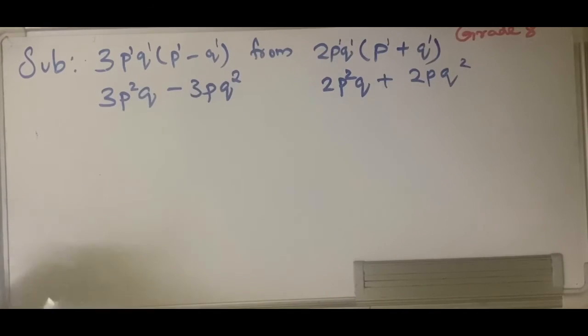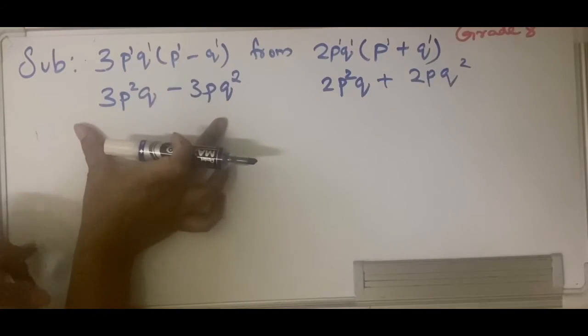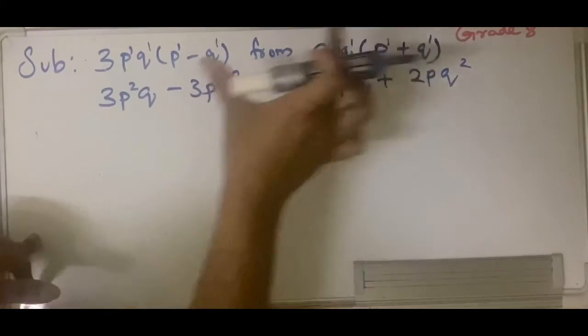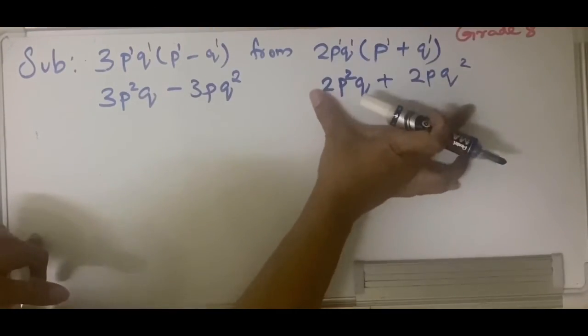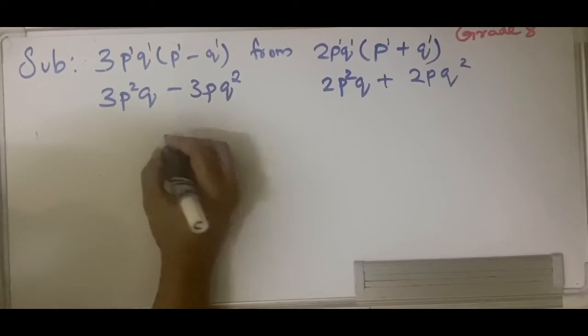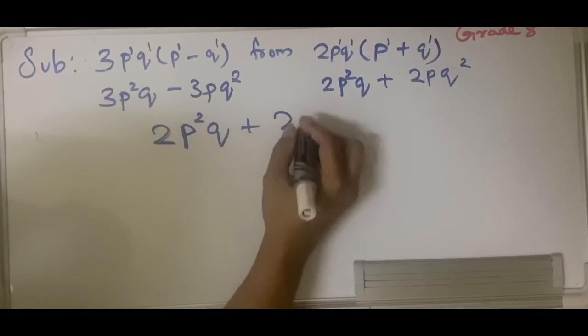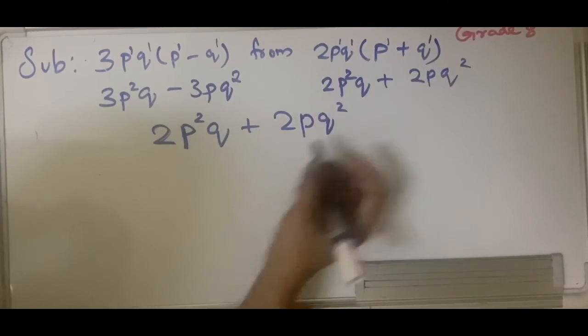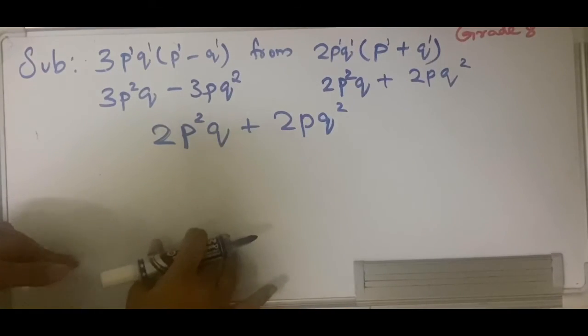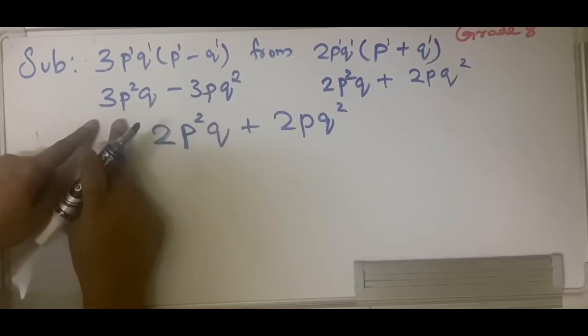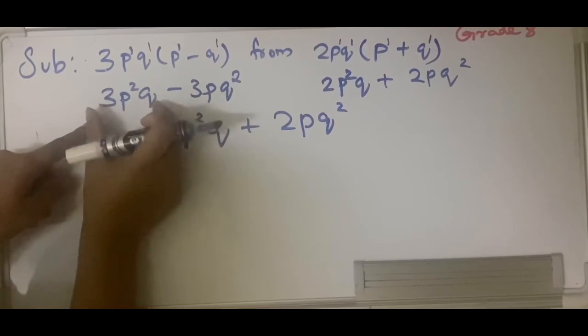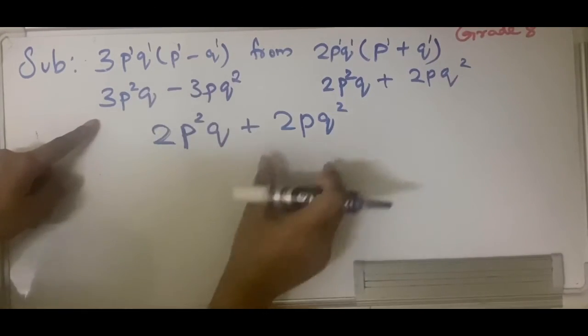Now we need to do the subtraction. So we can see that this expression needs to be subtracted from this expression, which means this should come first, right? So I'll put 2p square q plus 2pq square first, and then minus, which is my second expression, this one, right? And I need to see that it comes under the same like term, right?